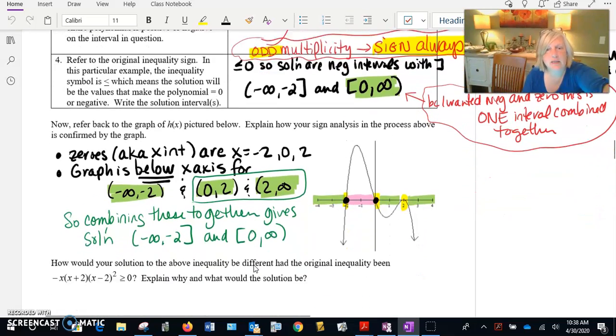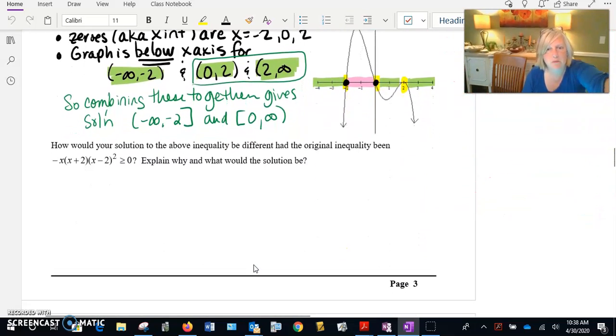Now, the last thing on this example, before we move on to a calculator problem, is what would we do if we were now asking the question, instead of less than or equal to, we want greater than or equal to. And the problem with that, and this messes students up a lot, is the less than or equal to is fine.